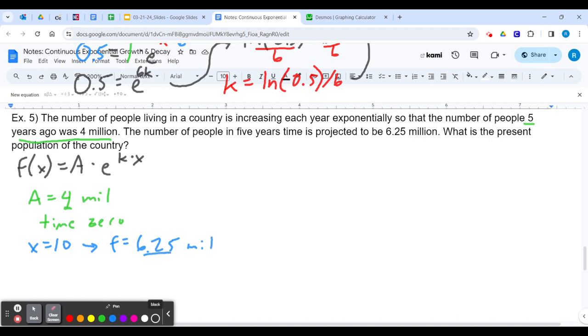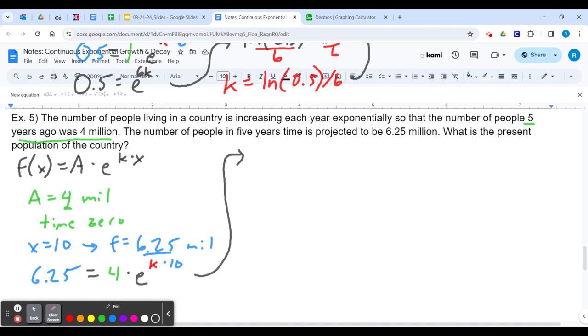So we can set up our formula here, that 6.25 is equal to that initial 4 times the base e. We're solving for k here, but we're multiplying by that 10 years to help find our growth rate.